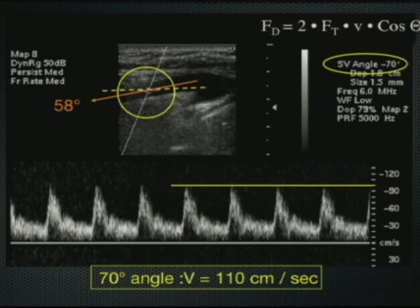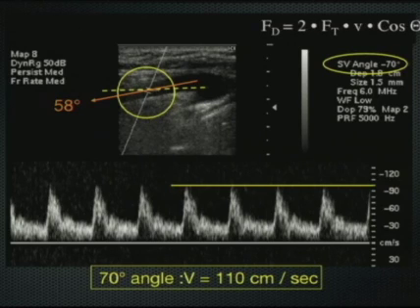But as you can see from the orange line, the actual direction of blood flow is really near an angle of 58 degrees to the direction of insonation, rather than 70 degrees. Clearly there's an error in the placement of the Doppler angle here. Does this really make much difference in the estimate of velocity?